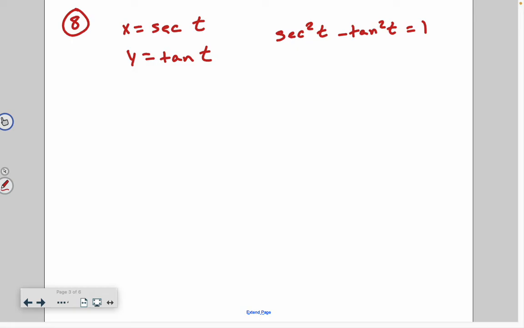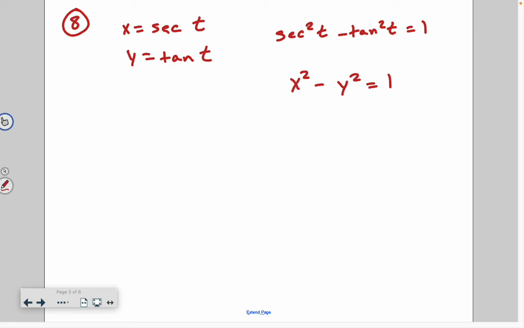Which means, just like we just did on that warm-up, if I want secant squared, I've already got secant by itself. That means what? What is secant squared? X squared. What's tangent squared? Y squared. X squared minus y squared equals 1 is your equation.